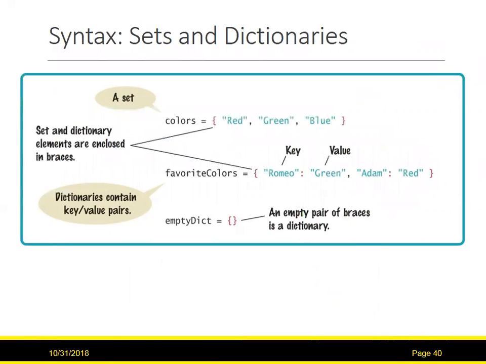This is usually used for more complex data sets so that you don't need a variable for each one. You could just have a Romeo variable that's set equal to the string green, but it's going to get cumbersome. So we have dictionaries where we have keys that are associated with a value.